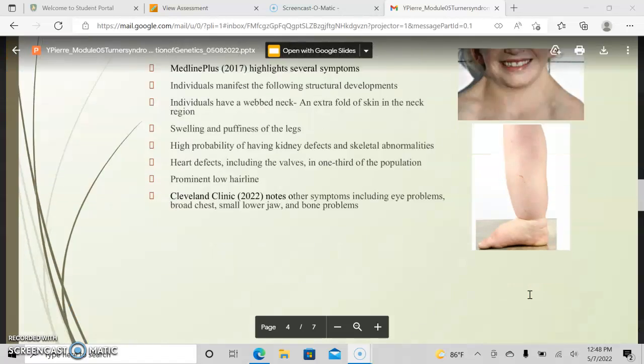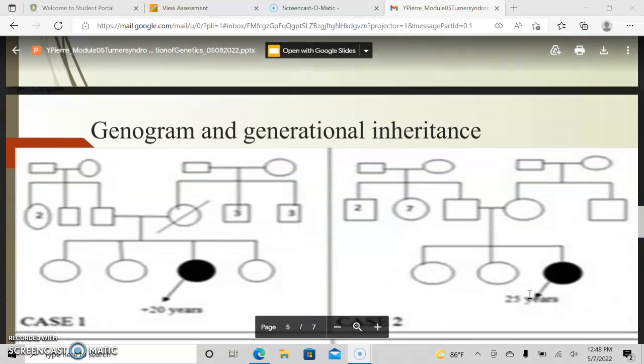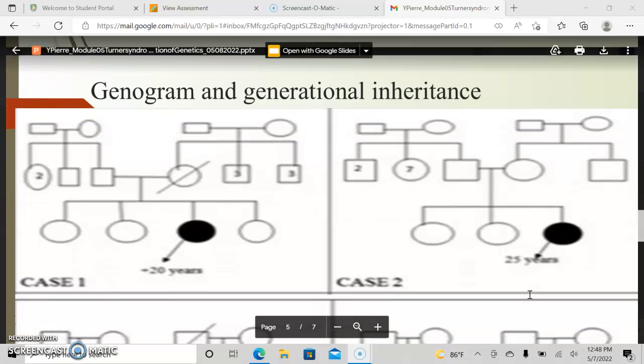I'm going to talk to you about the next slide, which is the genogram and generational inheritance. The generational data obtained shows 4 cases where the female patients aged 20, 25, 12, and 15 had Turner syndrome. The third generation is affected in all cases, and only females have the condition.